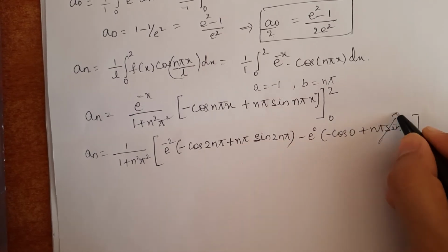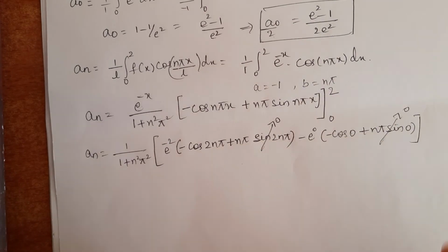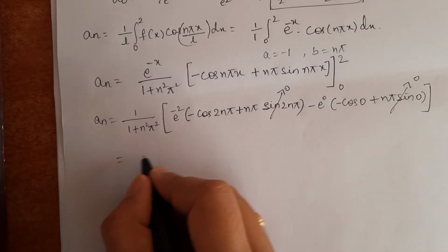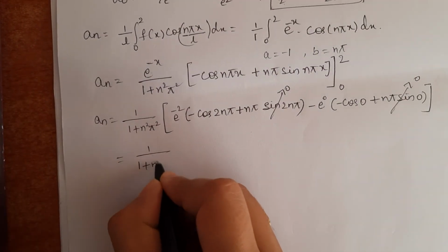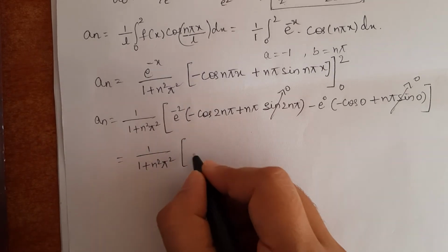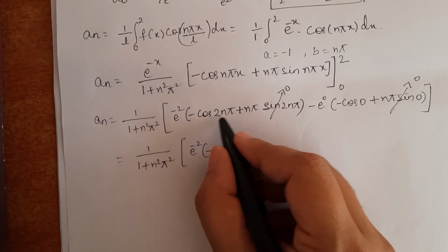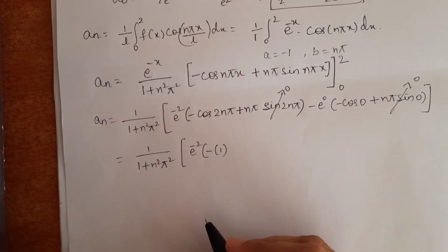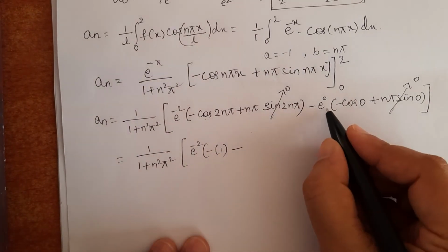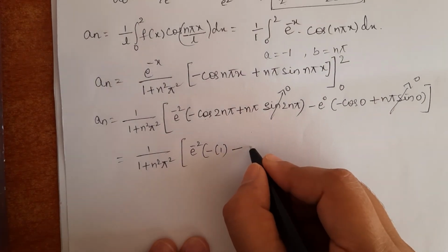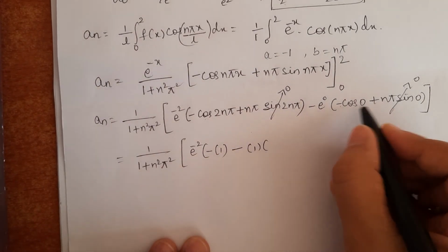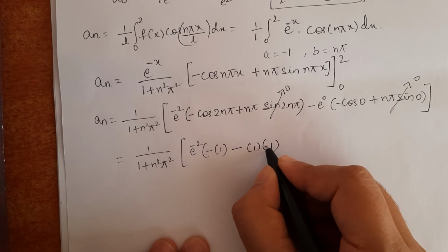We know that sine 0 is 0 and sine 2n pi is also 0, which is equal to 1 by 1 plus n square pi square into e power minus 2 into minus, we know that cos 2n pi value is 1, minus e to the power 0 is 1 into minus cos 0 is 1, minus 1.